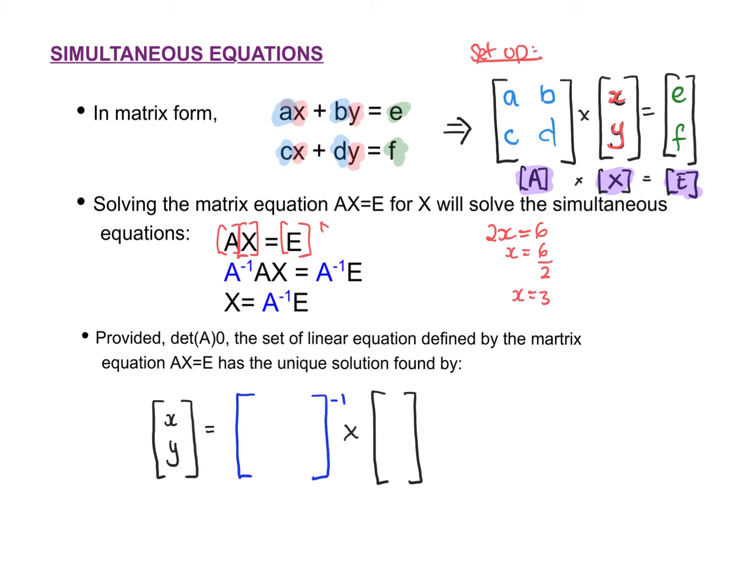Well, here's what we're trying to do. We don't know what this X matrix is. We don't know this one, so we want to work it out. This is how we find the solution, the answer.